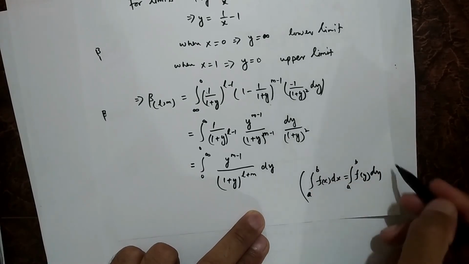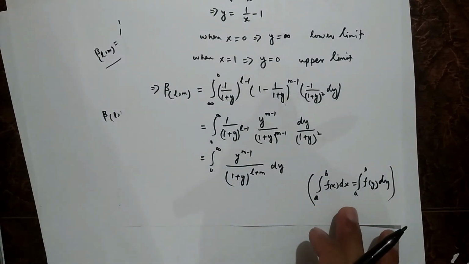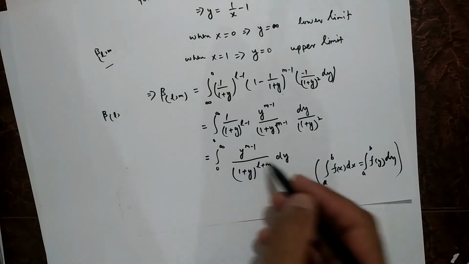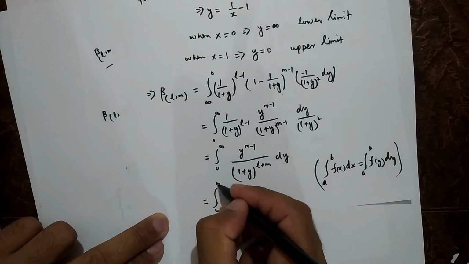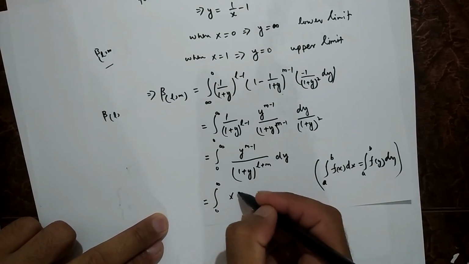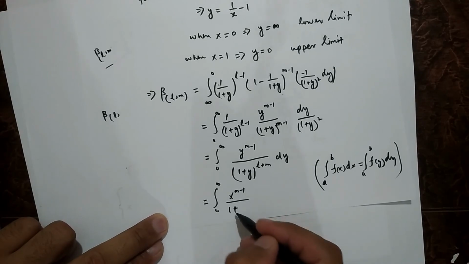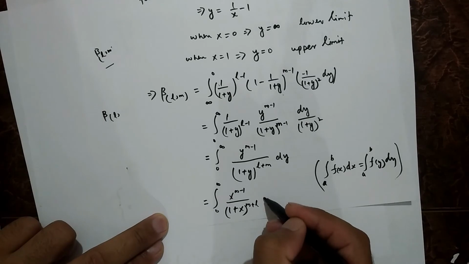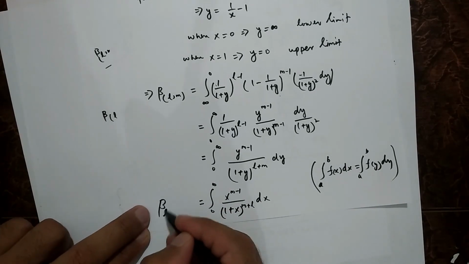So there is no change in the result of the integral for the variable. So replacing this y by x, we can write it as integral from 0 to infinity x to the power m minus 1 upon 1 plus x whole to the power m plus l, or l plus m, and dx. So this is beta lm.